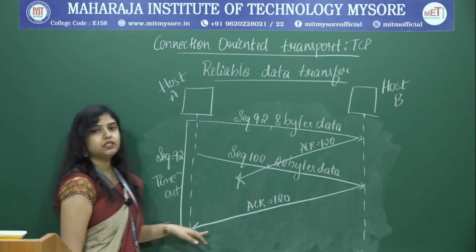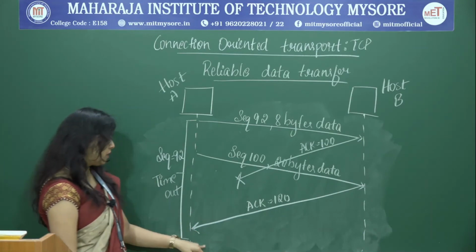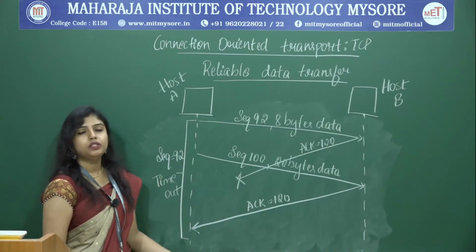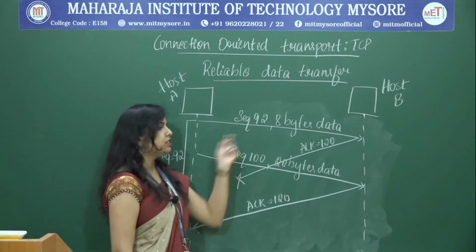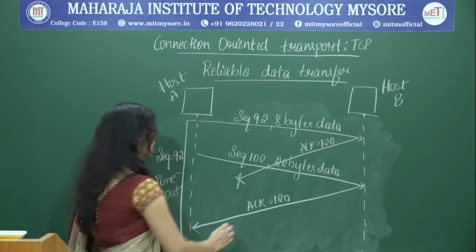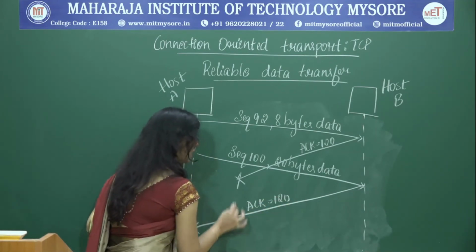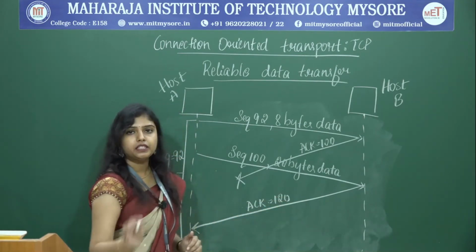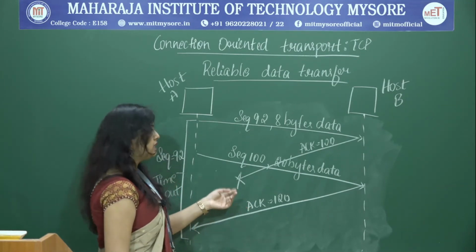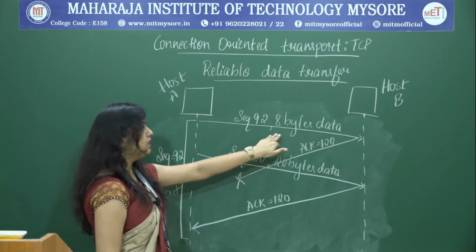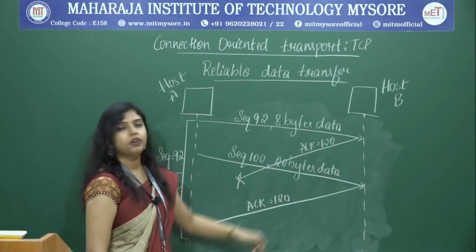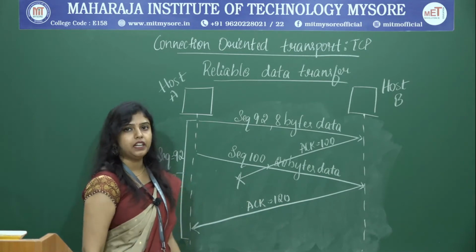But here, even though timeout has occurred and the acknowledgement was not received, host A is not retransmitting the first packet. Can you guess why? The reason is that it has already received the acknowledgement of the next packet. If host B had not received the first packet, it would never send the acknowledgement for the next packet.